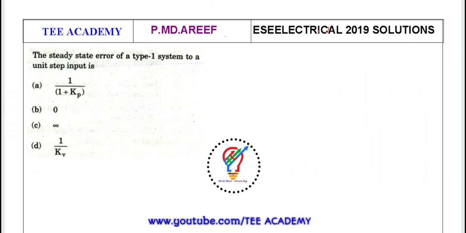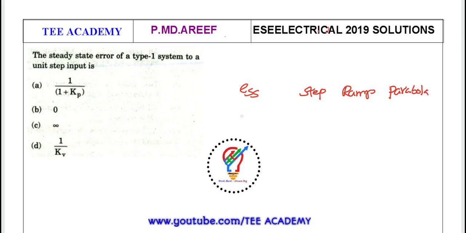The steady state error for type 1 system to a unit step input. Okay, so first for this one we will draw a tabular column here. Where we will write the ESS, that is steady state error, and here we write step, ramp and parabola.